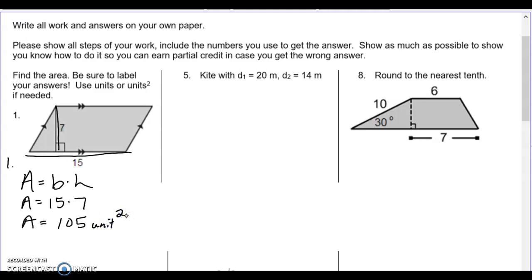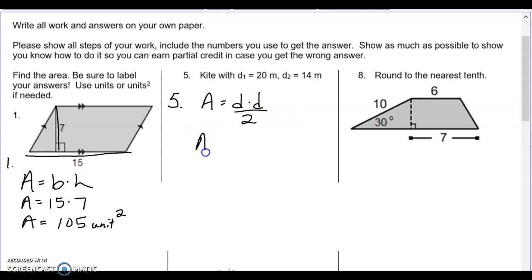All right. So over here, this one, number 5, is a kite. So kites, again, if this was my test, I would write down the formula. Kites are diagonal times diagonal divided by 2, or 1/2 times diagonal 1 times diagonal 2. Same thing.